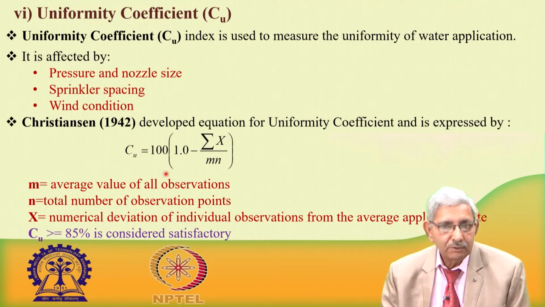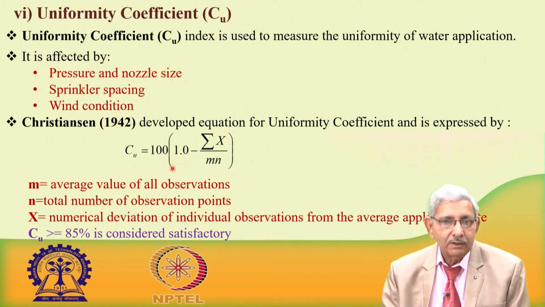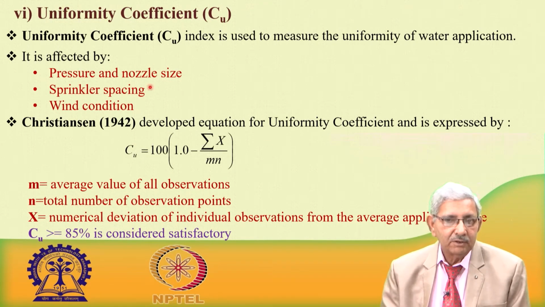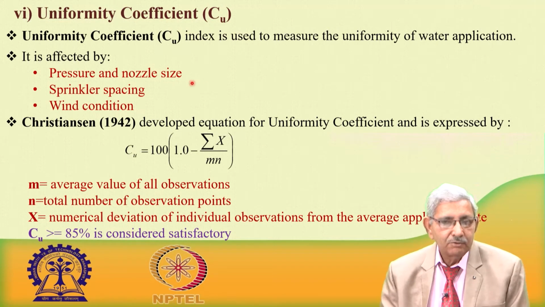Now, in order to estimate the uniformity coefficient, Christiansen in 1942 gave the expression, and this expression is still valid. This is an important parameter to evaluate the sprinkler uniformity coefficient. It is given by Cu equal to 100 multiplied by 1 minus the summation of the numerical deviation of the individual observations from the average application rate.